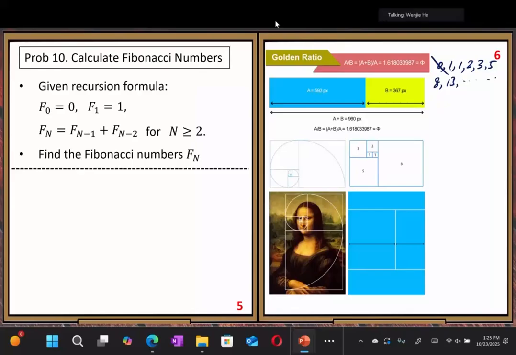After that, we draw a quarter arc in a special way. In each square, we can draw a quarter arc, a quarter section, with the center at the corner.